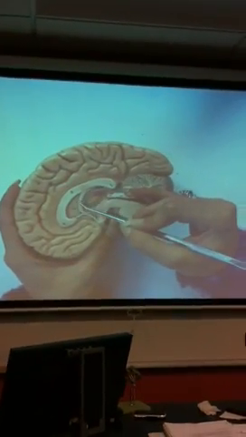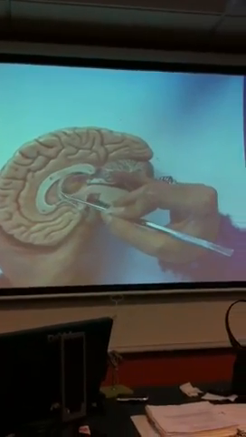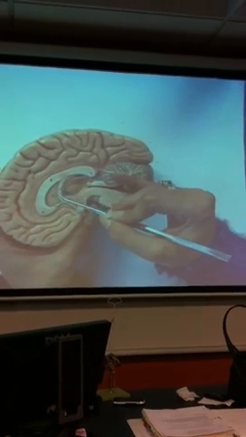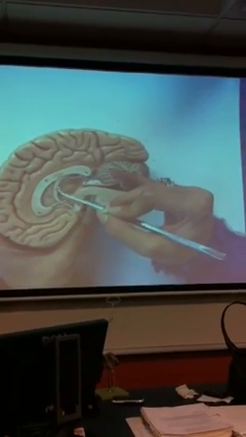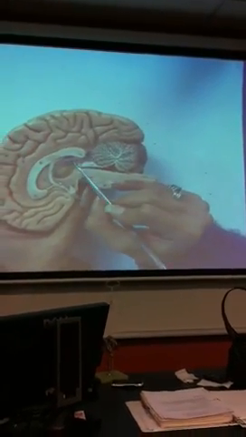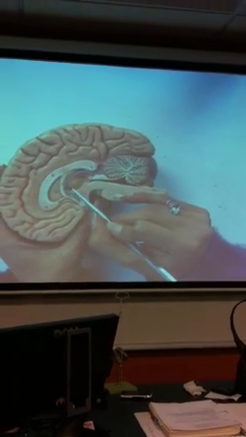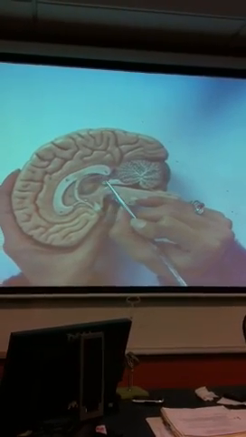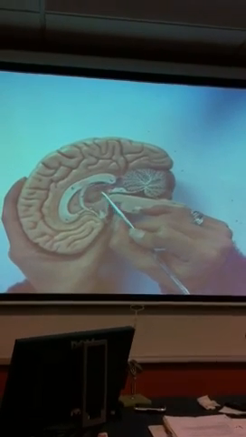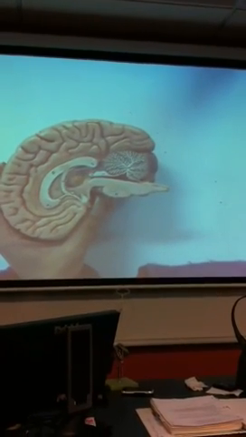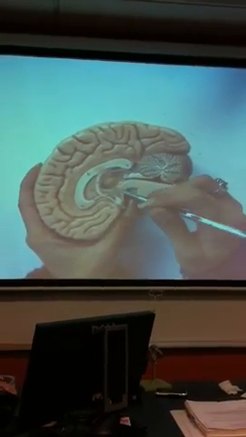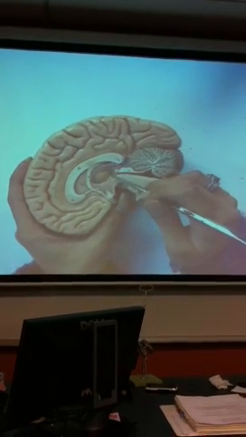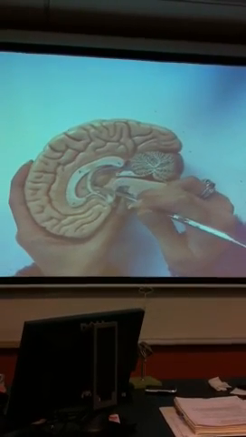Just underneath that, this guy here is the fornix. This region in blue is the choroid plexus. This indentation, do you see the indentation here?